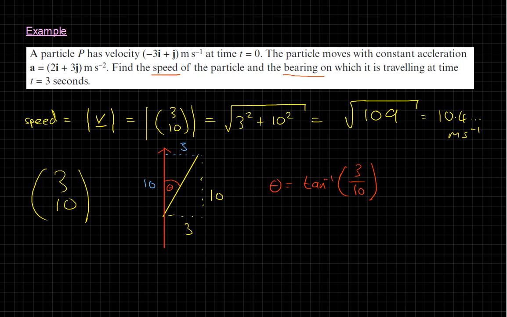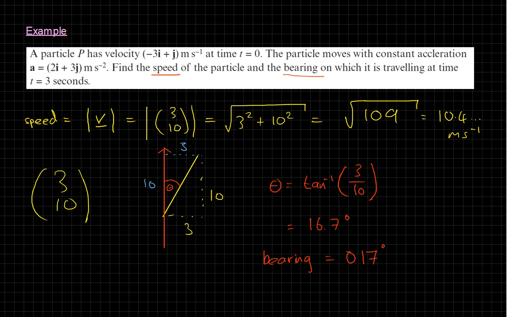Okay, so tan inverse of 3 over 10, check that on the calculator, should be 16.7 degrees. So therefore my bearing, if we want to use the convention of a bearing, it needs to be 3 digits and rounded up to the nearest whole number. So 16.7, that rounds to 17. So I'm going to write it as 017 degrees. Okay, and that's the bearing.